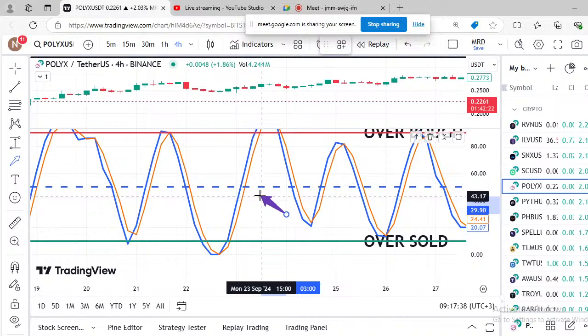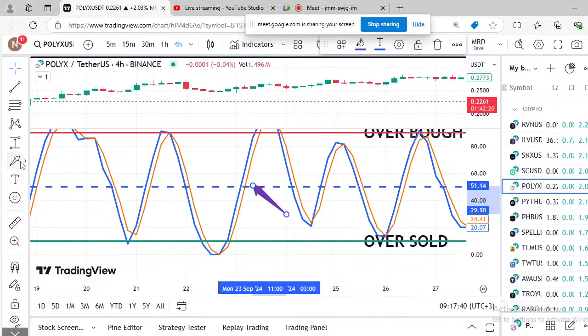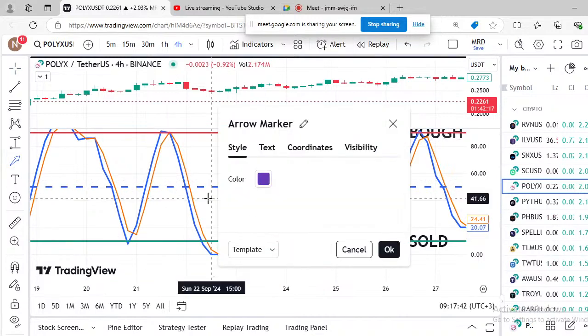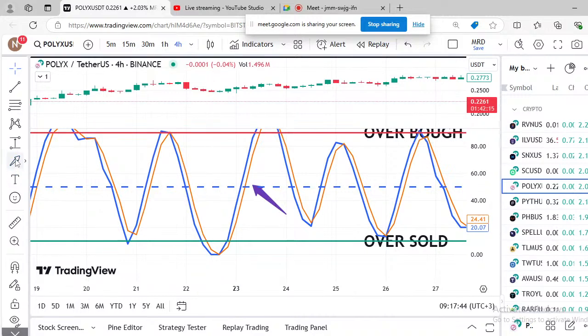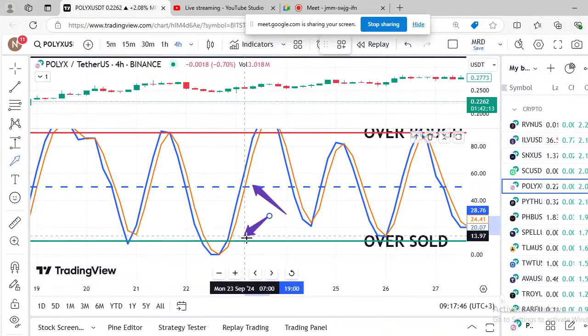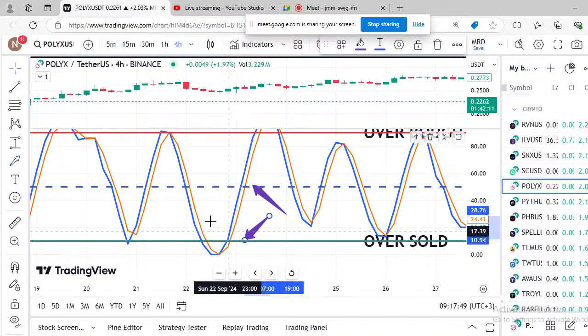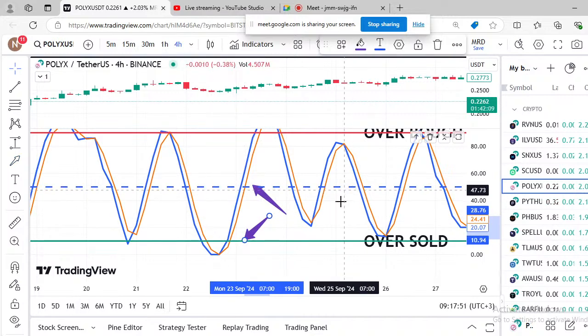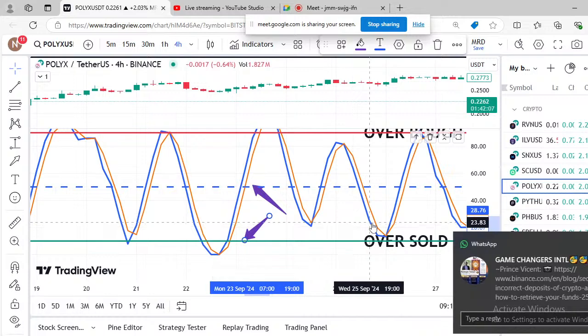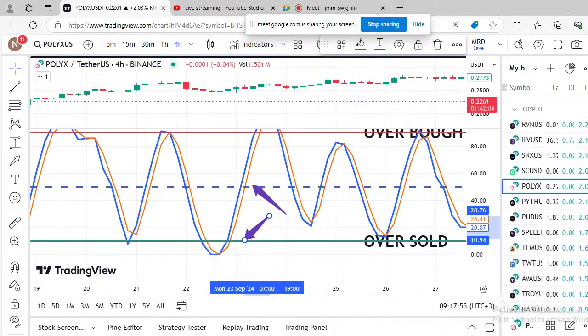This is the 50 line, then this is the 10 line. So you should trade between these ones, but having margin calls.